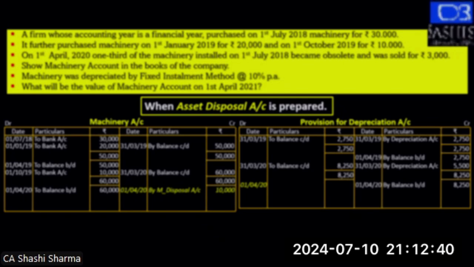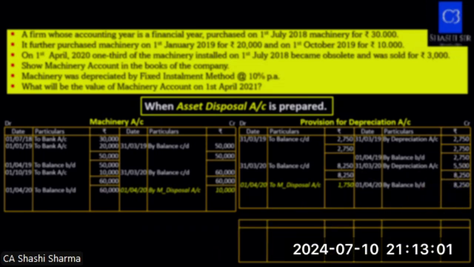So first of all, the cost of the machinery, rupees 10,000, was transferred to machinery disposal. Then depreciation up to the date of sale on this piece of machinery, which was 1750, as we had calculated in the previous methods, will be transferred to this account.